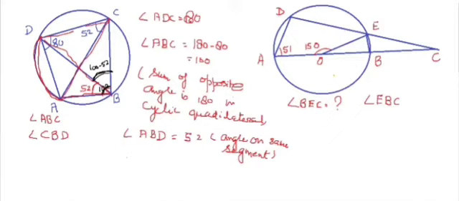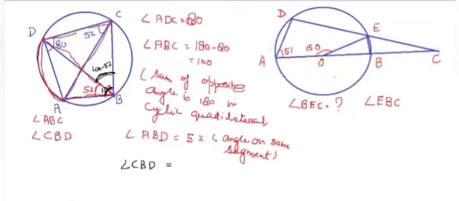So from here I can write angle CBD will be 100 minus 52, or we can write angle CBD is equal to angle ABC minus angle DBA. So from here you will get 48. Let's move on to the next question.